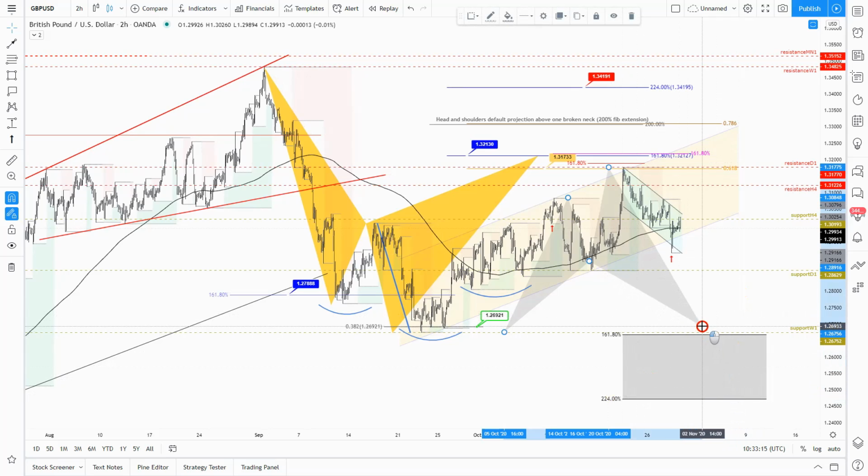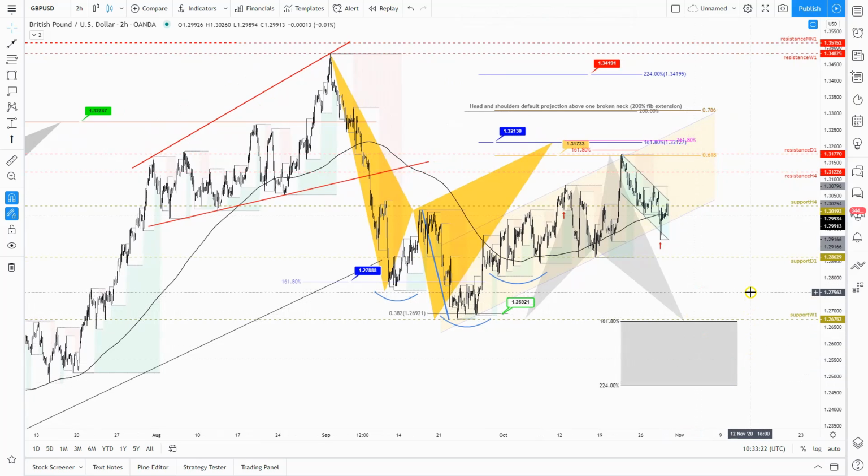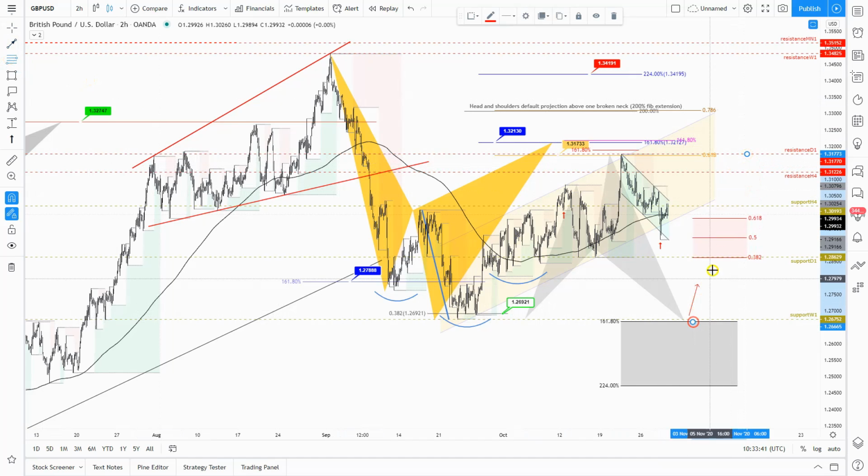But the first level we should pay attention to is obviously the weekly fractal support, which may offer some pressure before breaking below. We can say, okay, if the market decides to confirm a violation of the weekly fractal, we are out of this trade, but we can try to assume a small retracement, even if limited to your first target.